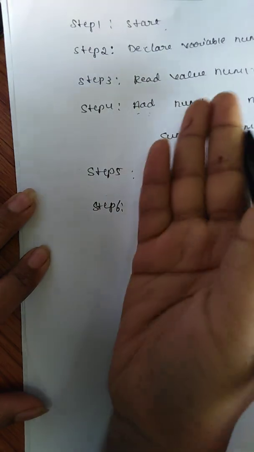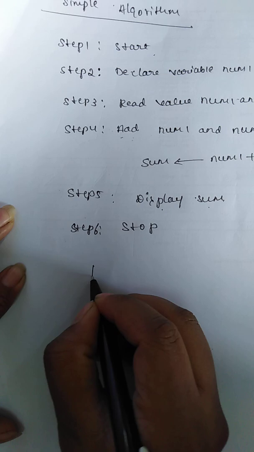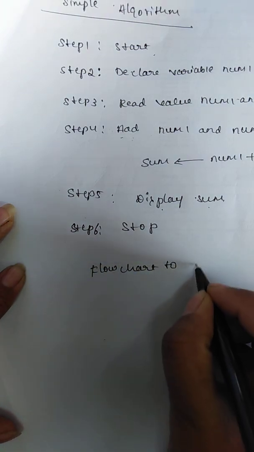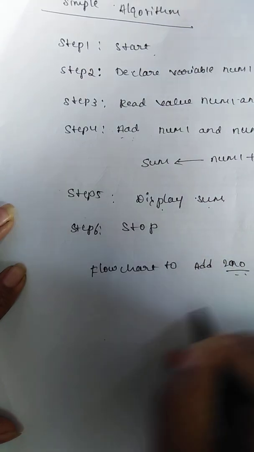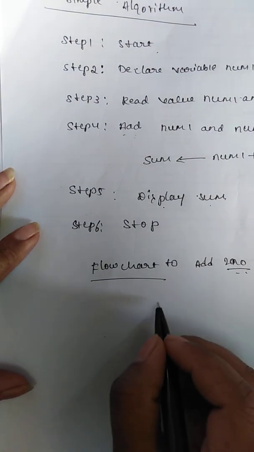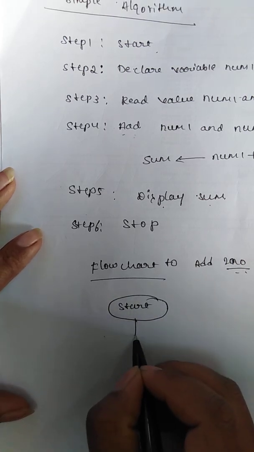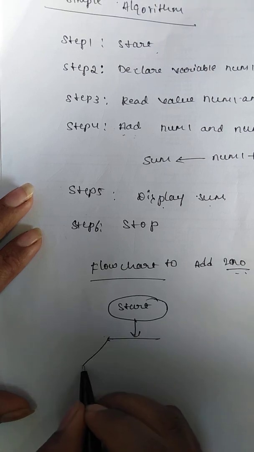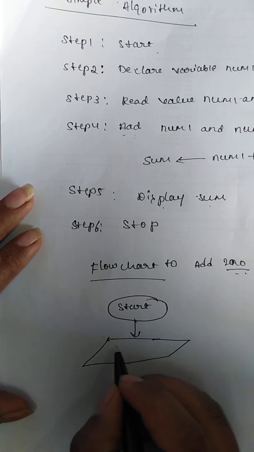Now I will take this algorithm and represent it in a flowchart, the flowchart to add two numbers. First we start the program, then we declare. It means we give an input. What input will I give?